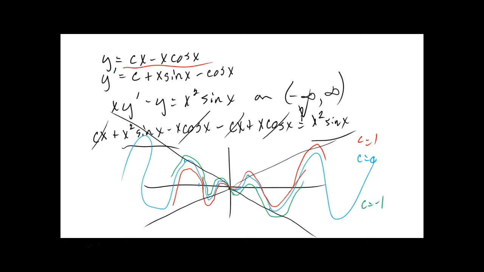All right, now the solution of that blue curve, C is equal to 0, that basically throws this away, and then you have y is equal to minus x cosine x, okay?